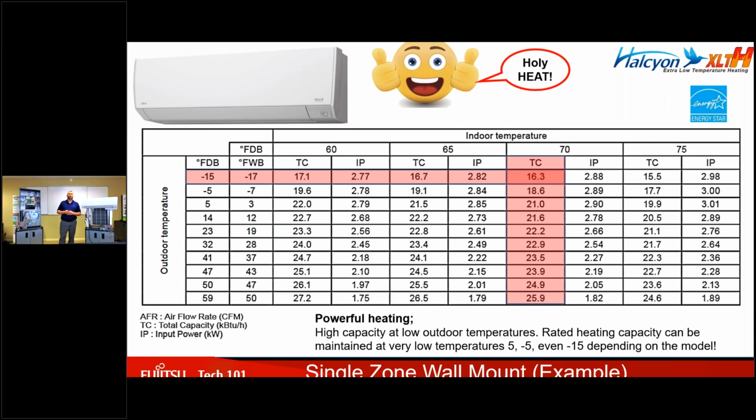And that's basically just saying that's the average low temperature of the year. Yes, we can see below those temperatures, but it's not really all that often. And when it does occur, it's not really for a prolonged period of time. So we go with our 14-degree design temperature.